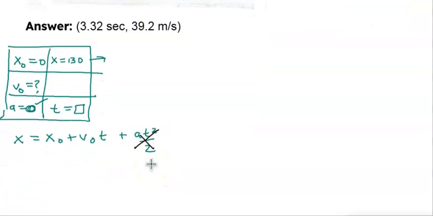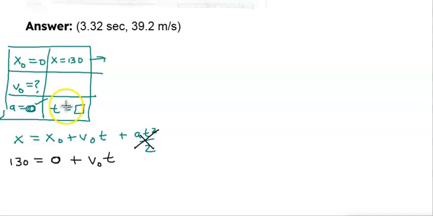That's promising. We know the output of the function is 130, and the initial location is 0. Then you say, oh, I don't know v naught and I don't know t. So up to now, your brain might say, I don't know t, let's use don't know, don't care about time.